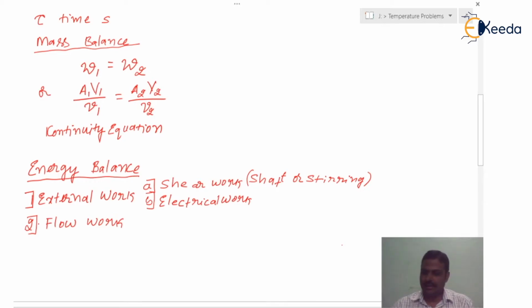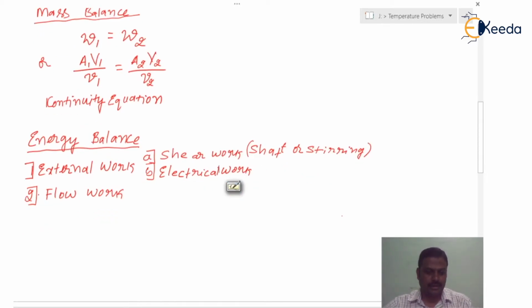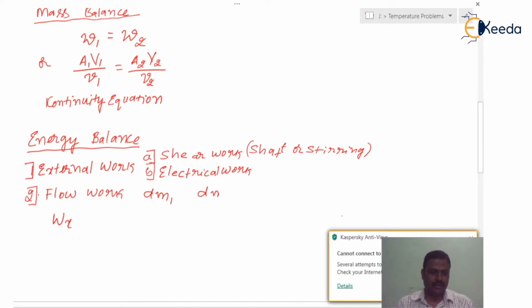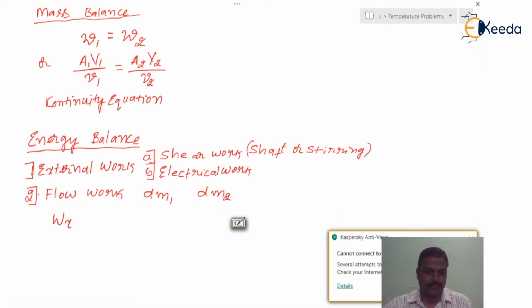So here in this control volume, we have only shaft work, that is wx, that is external work, whereas this flow work is caused by mass of dm1 at inlet and dm2 at exit.